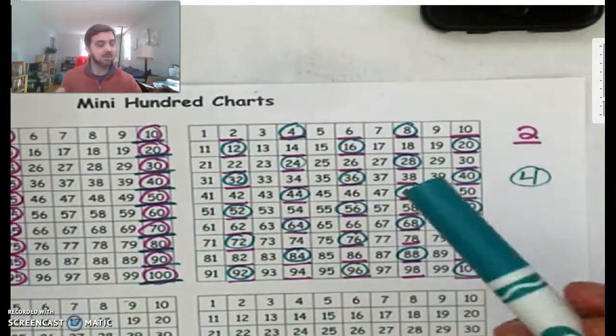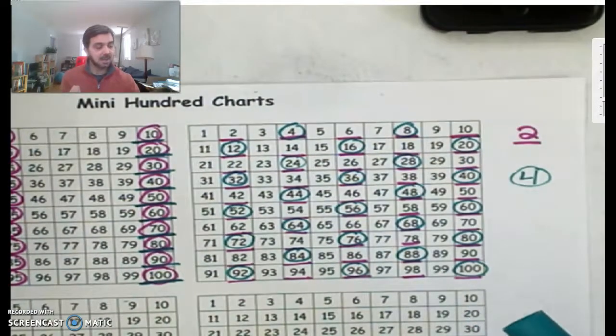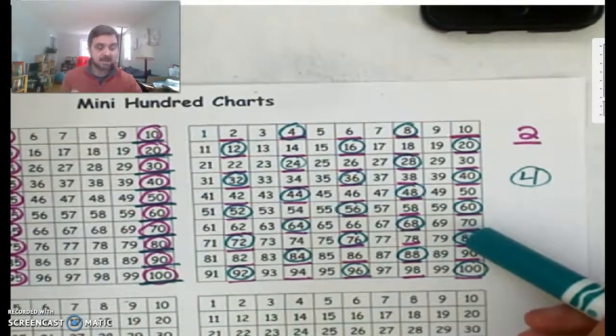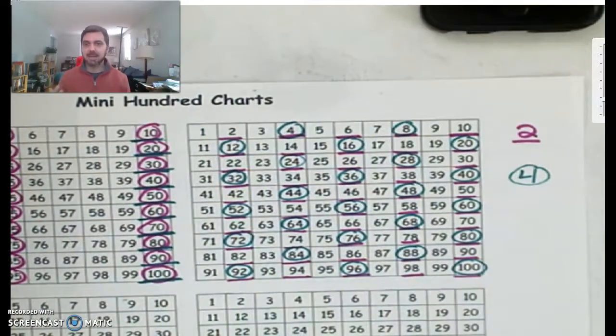Okay? So if I take 80, it's divisible by 4 because 80 divided by 4 gives me 20. 20, 40, 60, 80. Okay? So I wanted to point that out to you. This is also a way to think about division, not just multiplication.